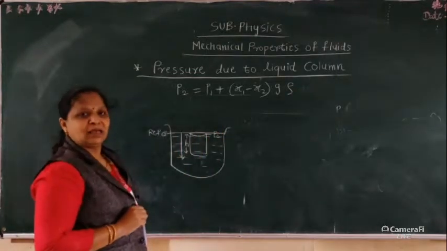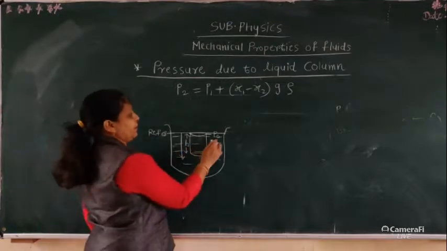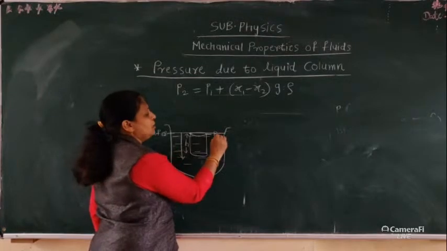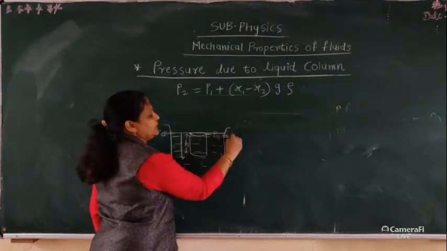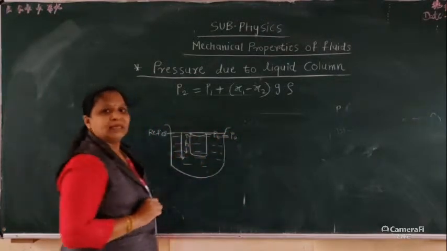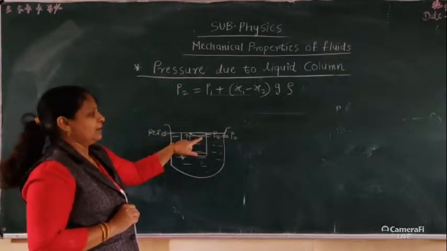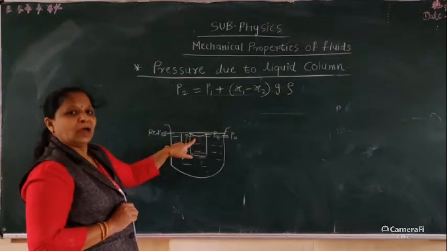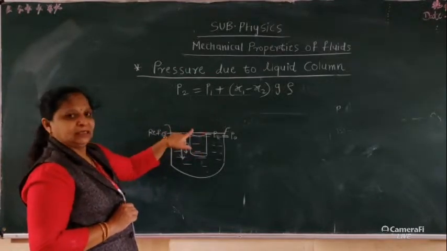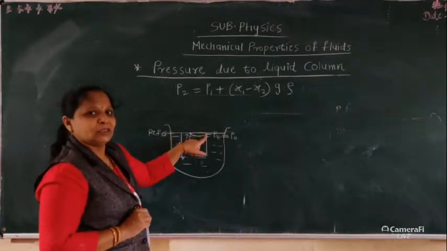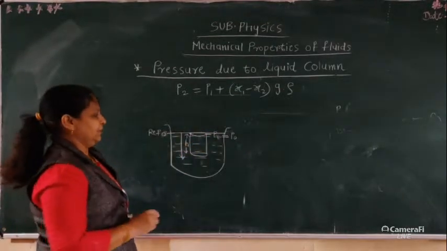Atmospheric pressure means P0. सुरुवातीला आपण बघितलं इथं प्रेशर जो आहे तो आपण इथं P1 कन्सिडर केलेला होता. So this P1 is equal to P0. म्हणजे इथं ऍटमॉस्फेरिक प्रेशर एक्झर्ट झालेला आहे कारण हा सरफेस जो आहे तो ऍटमॉस्फिअर मध्ये येतो.